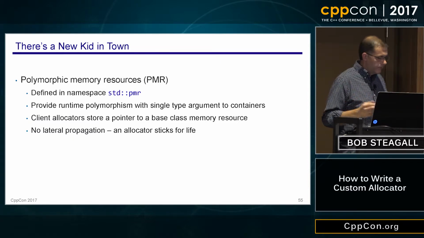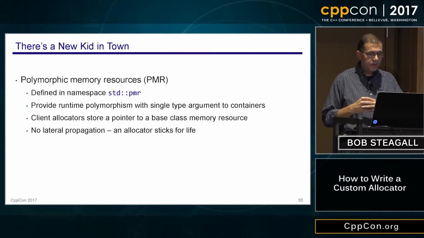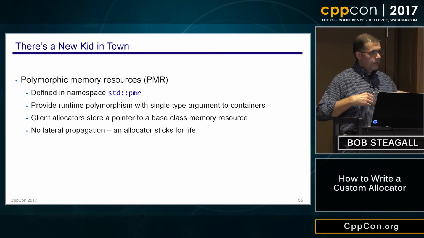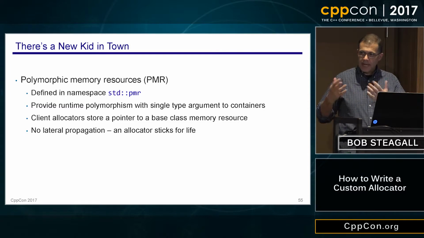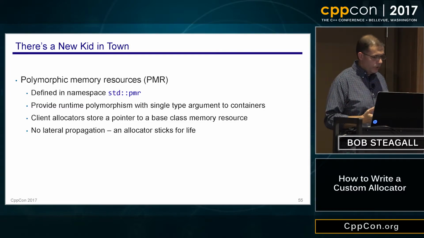The way they work, very simply, is that the client allocator type stores a pointer to a base class memory resource, and to actually create a memory resource, something that allocates memory, you derive your new type from this base class and you implement a very small number of member functions.